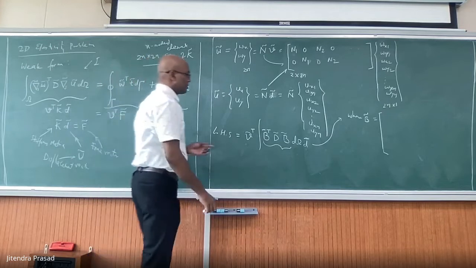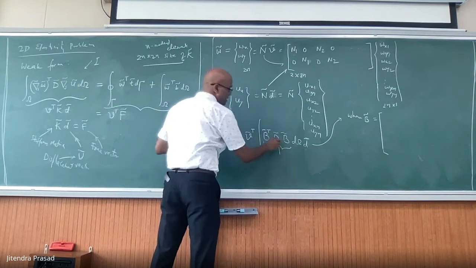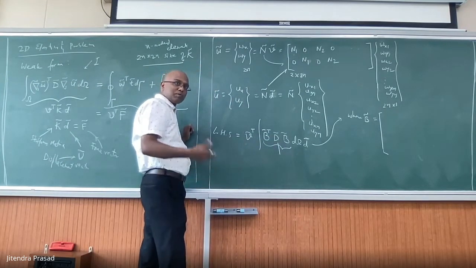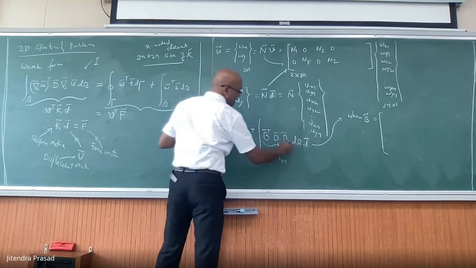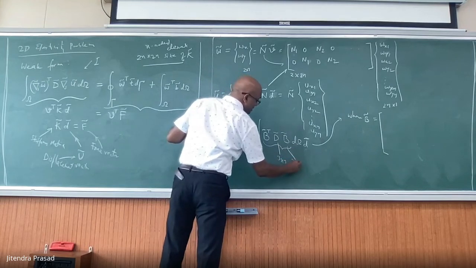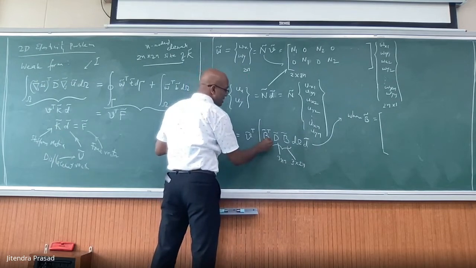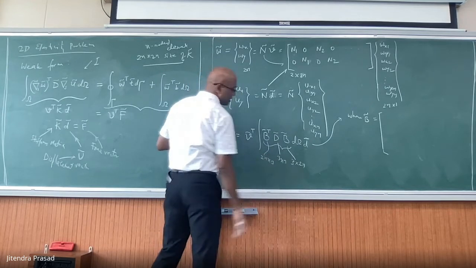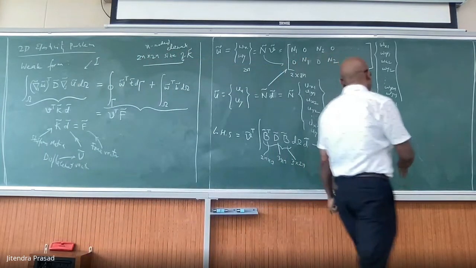What is the size of D for a plane stress or plane strain problem? 2D we are talking about, so 3 by 3. B is 3 by 2n, and its transpose is 2n by 3. So you get 2n by 2n.